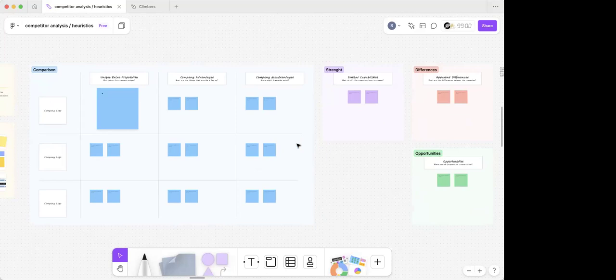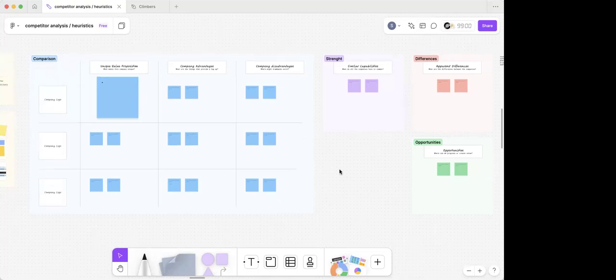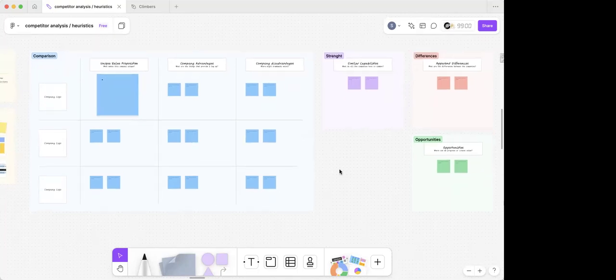A very easy way to understand your competition's weaknesses is to read their Google reviews. You can go to the app store, check out the reviews, and that way you'll understand the weaknesses. You'll see where you can improve, so that you can put it in opportunities. Yes, so it's the scope of improvement only.